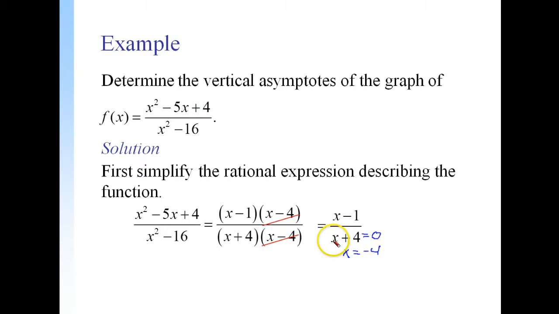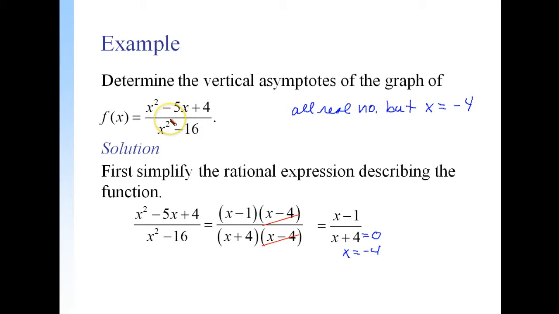So this is our value that for the domain of this rational expression, we would exclude. In fact, let's just do a little review of that. What is the domain of this expression? Well, it would be all real numbers, but x cannot equal -4, because we saw here that if x were -4, that would make our denominator a 0.